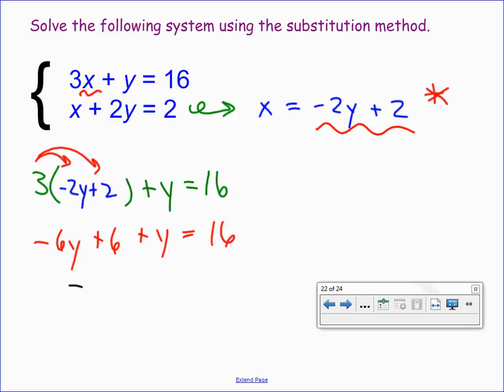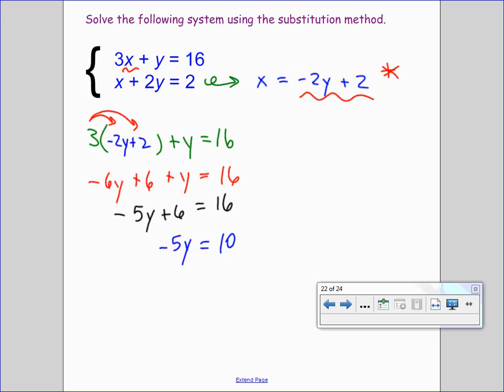I get negative 5y plus 6 equals 16. Opposite side, opposite operation. We'll subtract 6 from both sides to isolate the y term. And I get negative 5y equals 10. Dividing both sides by negative 5, I get y equals negative 2.